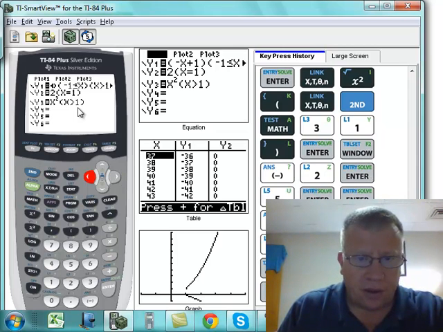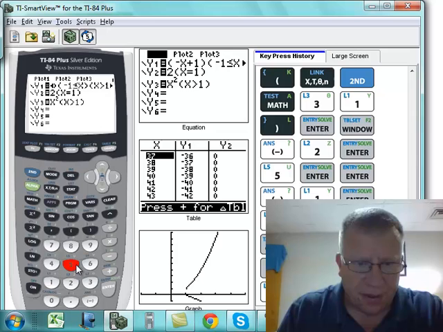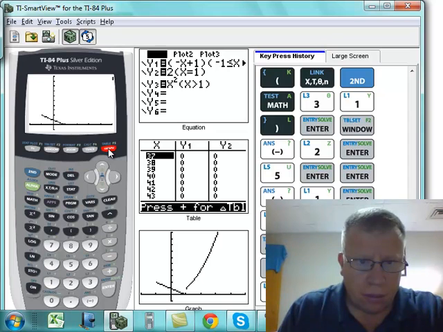We need for this one to be less than, not greater than, but less than 1. So let's change that to be less than 1. So that's option 5 there. Enter. And let's see if that fixed it.